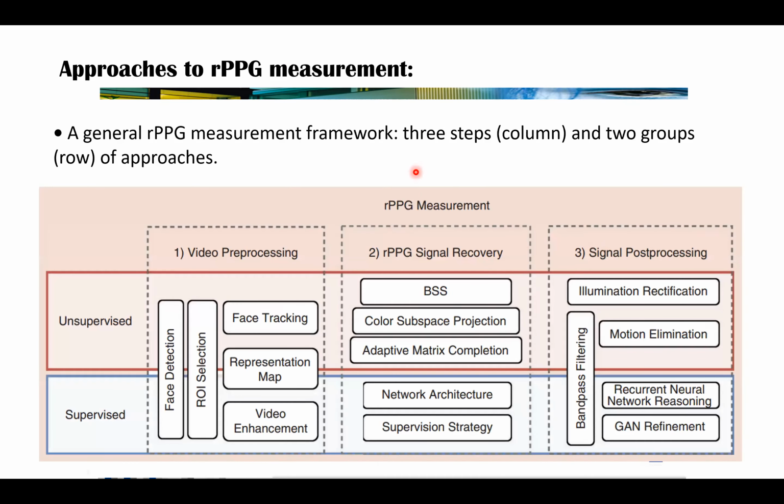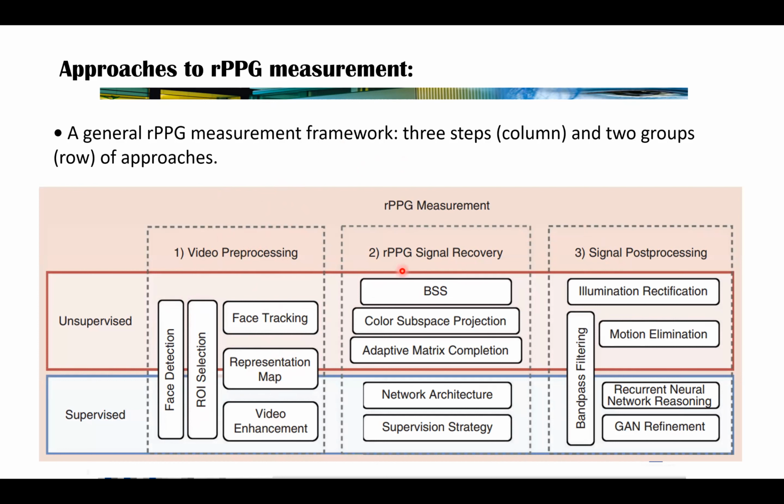Some approaches for rPPG measurement can be summarized into this table. There are three stages of rPPG measurement. At first, we usually do some video pre-processing, for example, face detection, ROI selection, and after that, maybe we will do some ROI tracking or some signal map representation or some video enhancement.